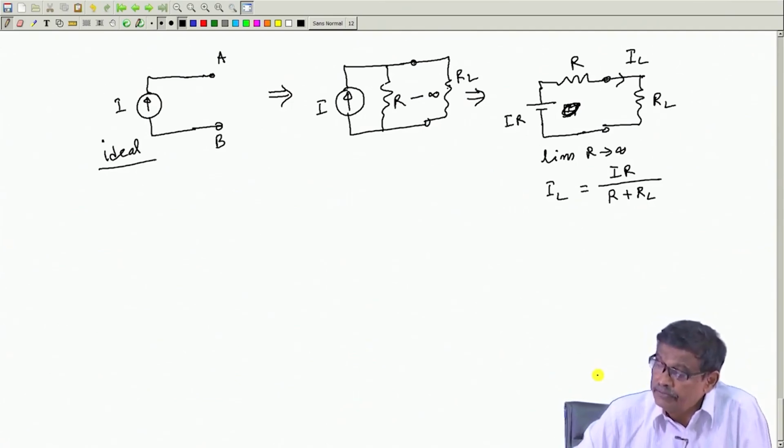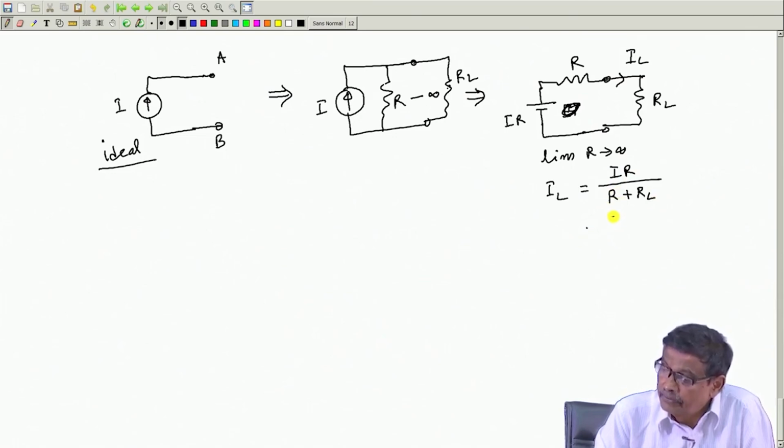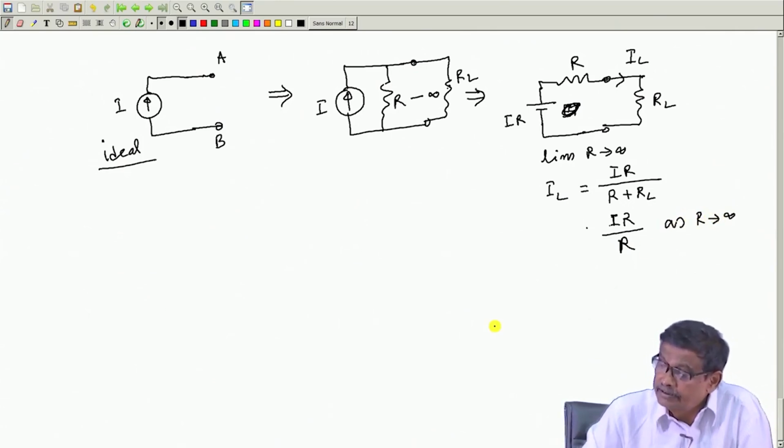R tends to infinity means this R is very large compared to RL. So, this will be equal to IR divided by R, as R tends to infinity, compared to RL it will be large, and this will be I itself.